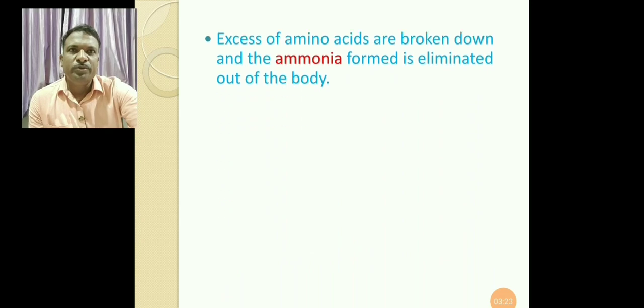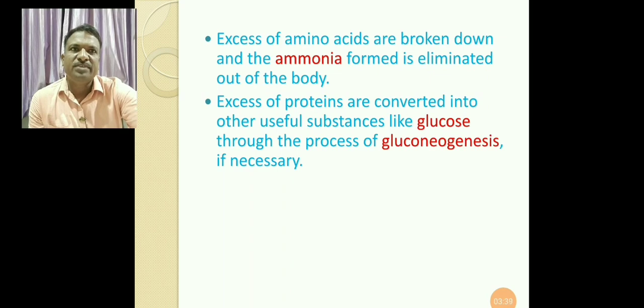When we consume an excess of proteins, we get an excess of amino acids. These amino acids are broken down and ammonia is formed, which is eliminated out of our body. The excess proteins, sometimes when it is needed, are converted into glucose by the process named gluconeogenesis.